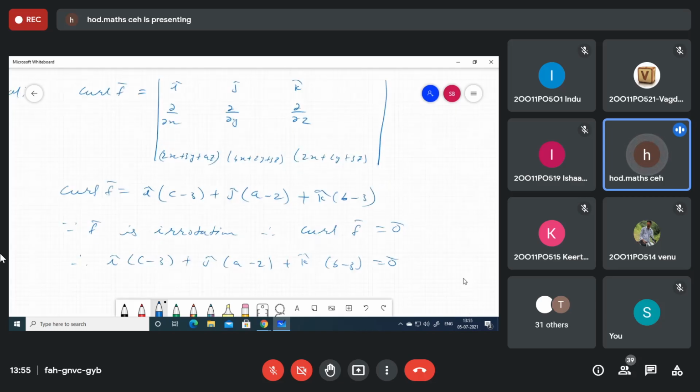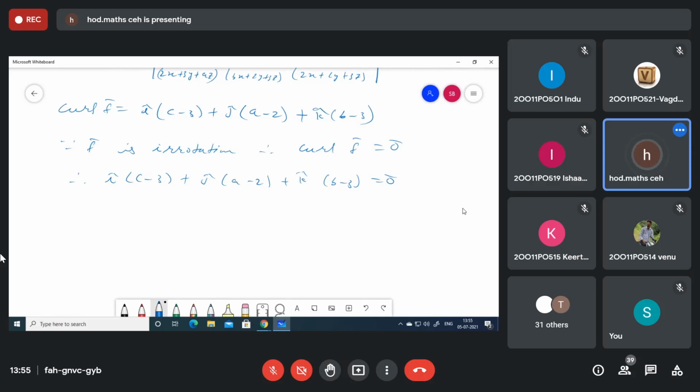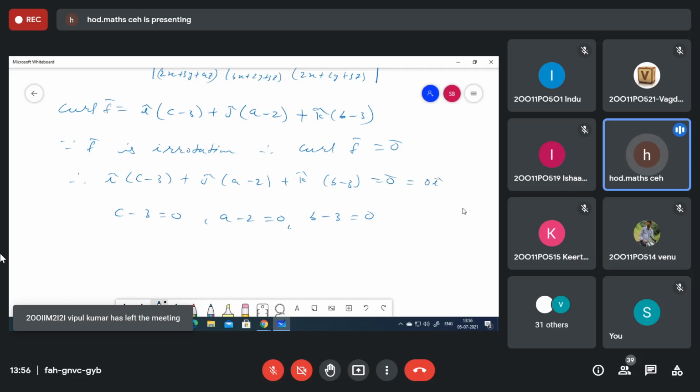So if you equate the components, you will get c minus 3 is equal to 0, a minus 2 is equal to 0, and b minus 3 is equal to 0. These are scalar values, because this is nothing but 0i plus 0j plus 0k.